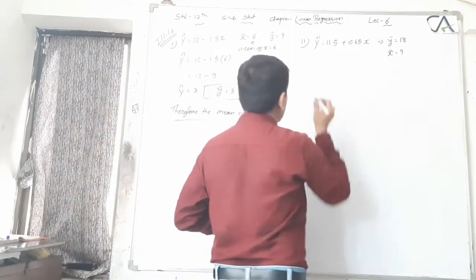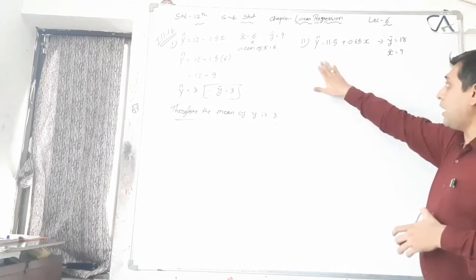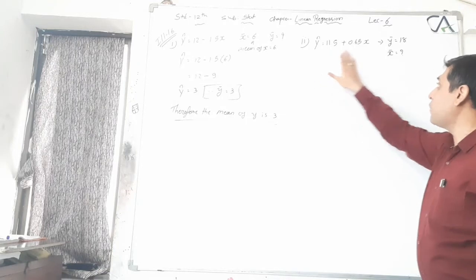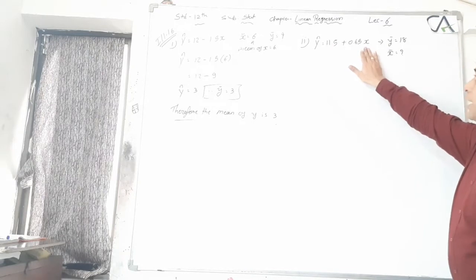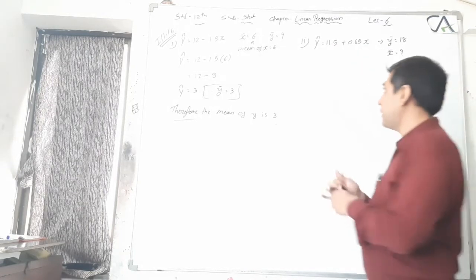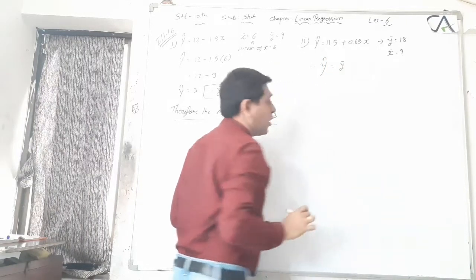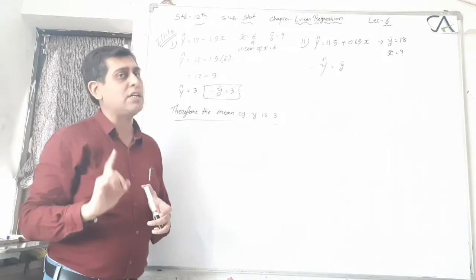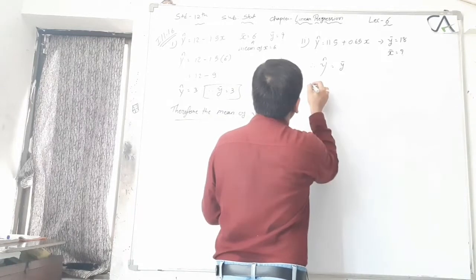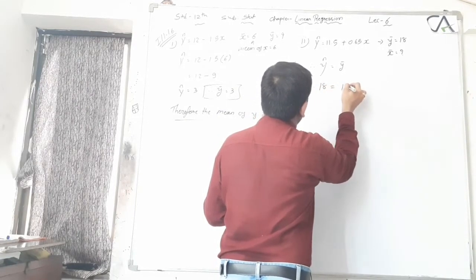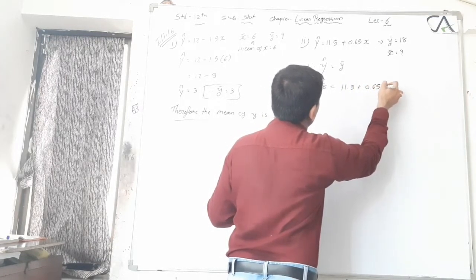Now the second one, the same way. If y bar is given on the regression line y on x, you have to find out x bar by putting y cap equal to y bar and finding x. Since the regression line passes through x bar and y bar, we put 18 is equal to 11.5 plus 0.65x.